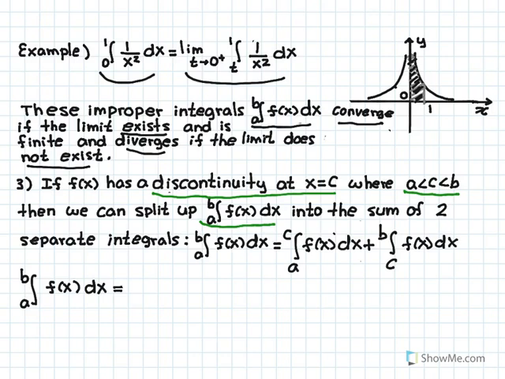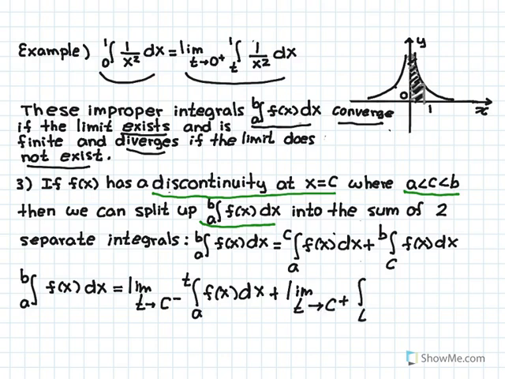Now let's write it in the formal improper integral notation. We write this as the limit as t approaches c from the negative side of the integral from a to t of f of x dx, plus the limit as t approaches c from the plus side of the integral from t to b of f of x dx.